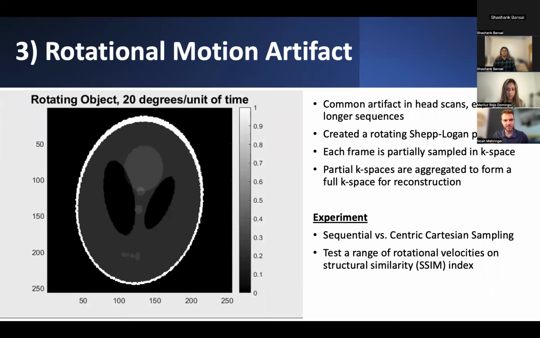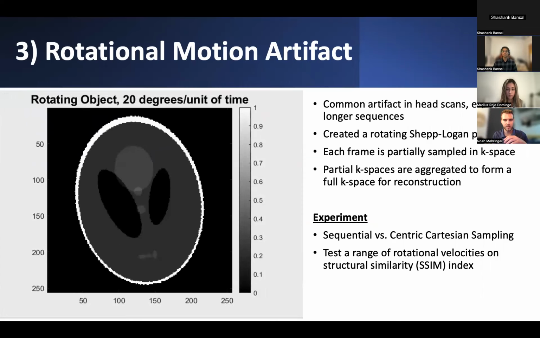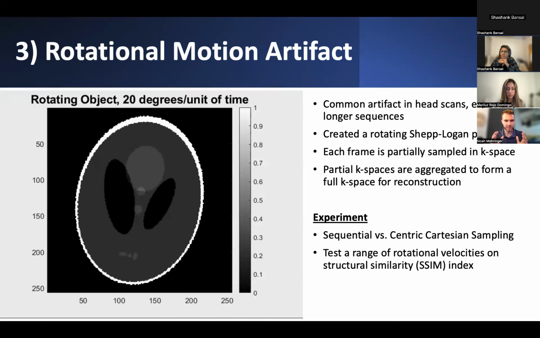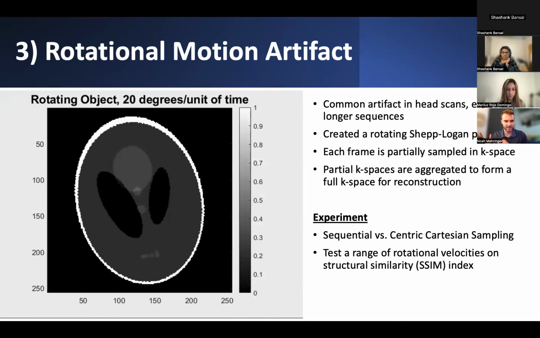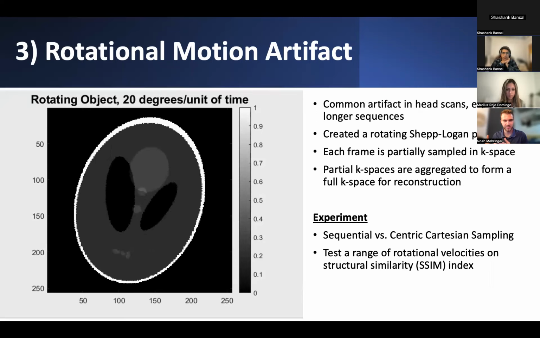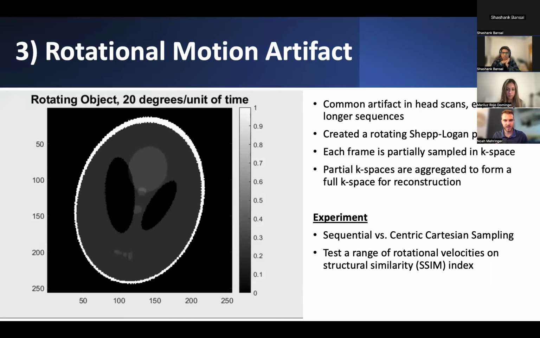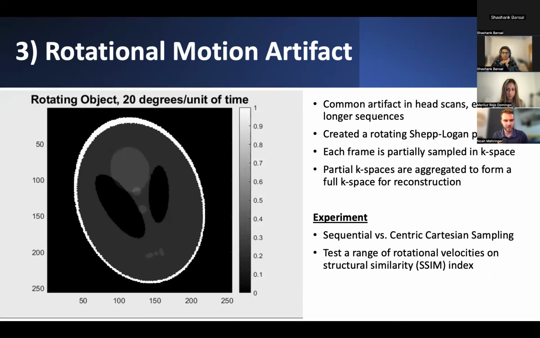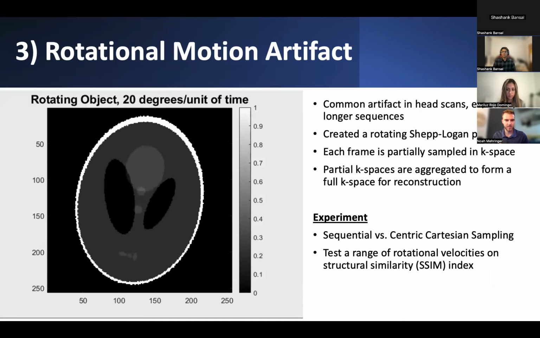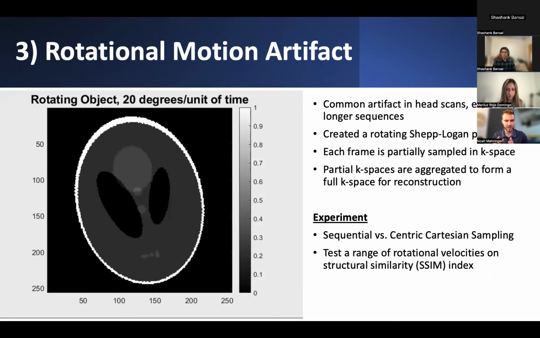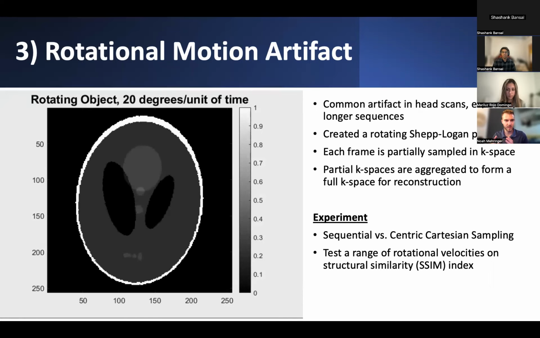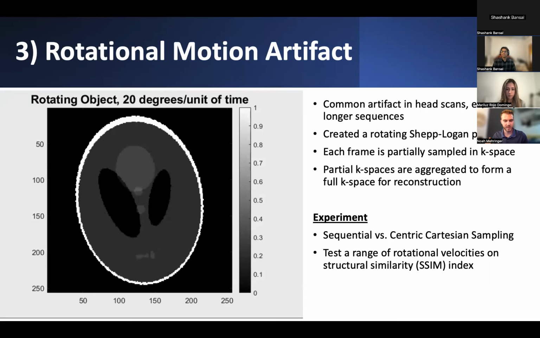We go through all the frames, and then we aggregate all those samples into a single full K-space. We reconstruct that, and that's our motion artifact image, which you'll see soon. We did a couple of experiments with that, testing a sequential versus a centric Cartesian sampling scheme. And then we also tested a range of rotational velocities to see how velocity affects the quality of the image.